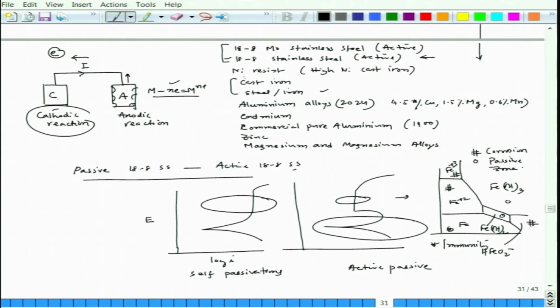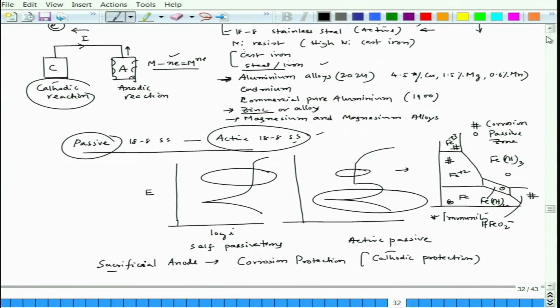Now, one part you can passivate and make use of, and the other part you can make active and then see. If you see this active and passive metal, here this is potential and this is pH. Now, depending on the pH and potential, the same iron can be active, the same iron can be passive.